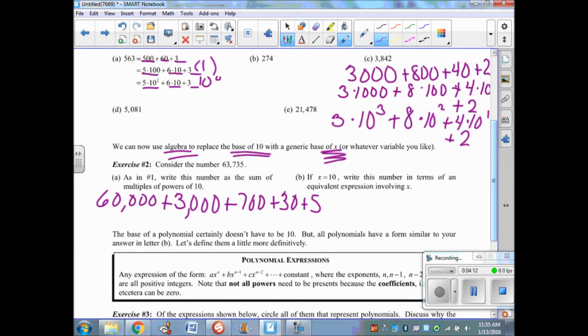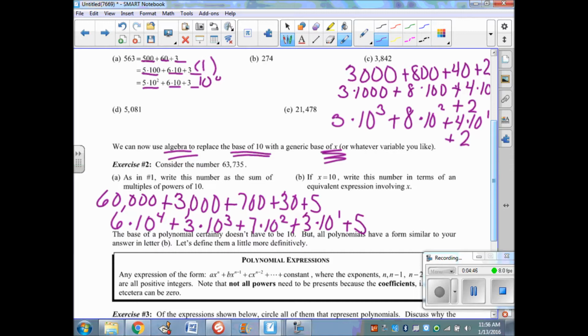I'm going to skip a step here, and say 6 times 10 to the what power? That's 10 to the 4th power, right? 10 to the 4th power is that 10,000. And then we have plus 3 times 10 to the 3rd power, because 10 to the 3rd power is 1,000, and we have 3 of those. Plus 7 times 10 squared, because we have 7 hundreds. Plus 3 times 10 to the 1st, plus 5.